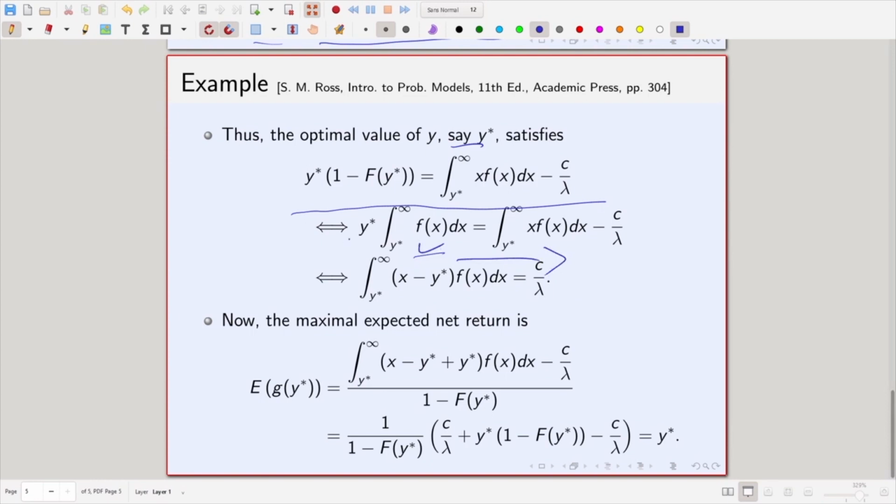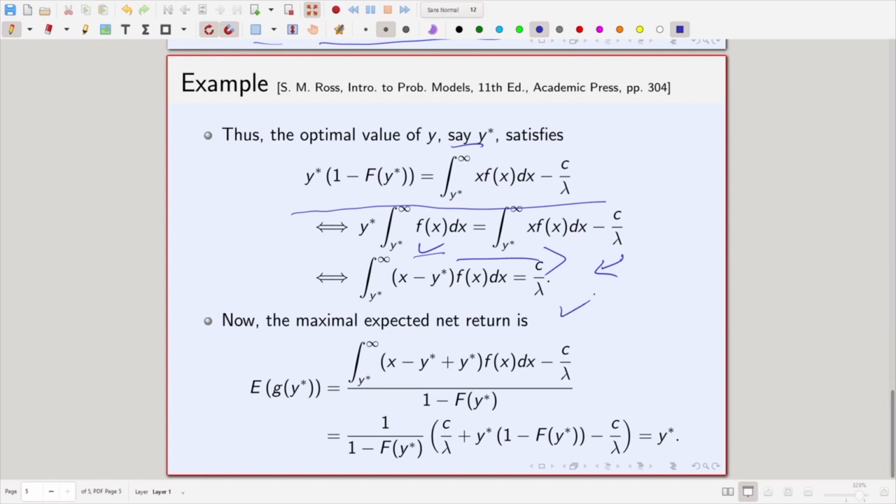Remember, y star is constant, so this just becomes the integral from y star to infinity of (x minus y star) f(x) dx, and you bring this C lambda to this side, so this is equal to C lambda. I have done some very simple algebra here so that you can easily check. Finally, you get that the optimal value y star will satisfy this relation.